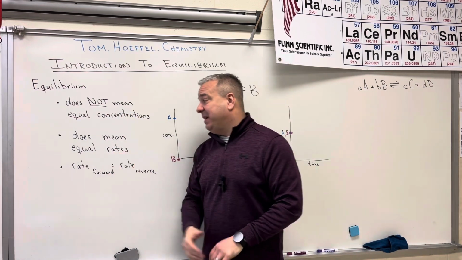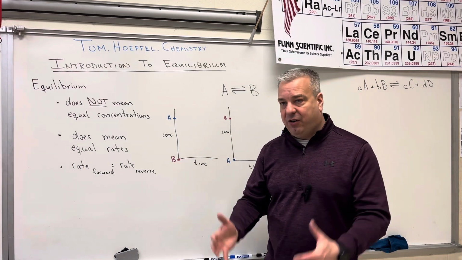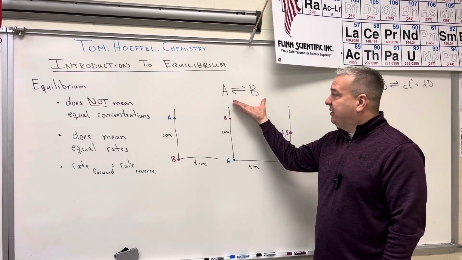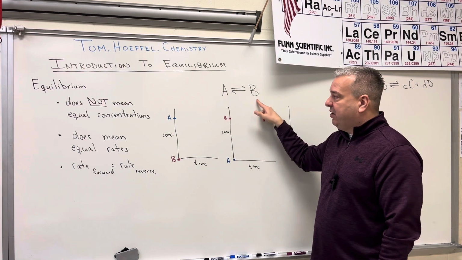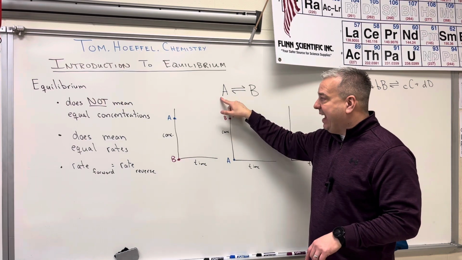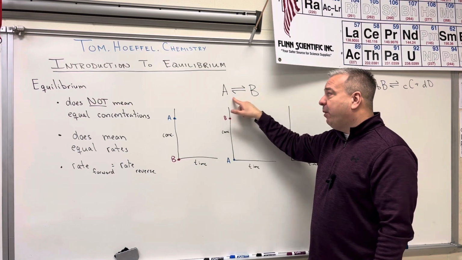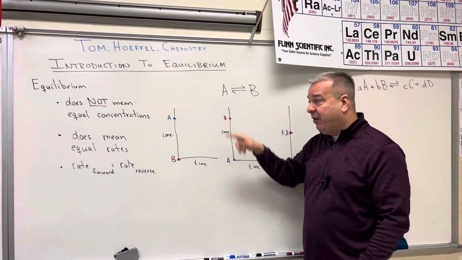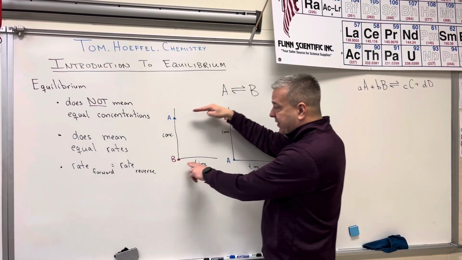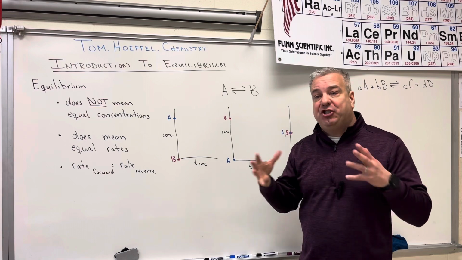What it does mean is that the forward rate and the reverse rate are going to be equal to each other. And the example that I'm using is a very simple A reacting to form B, and it's in equilibrium, which means A reacts to form B and B reacts to form A. Now, what happens initially, if you have all of one and nothing of the other, is there's this first phase that's called a shift.